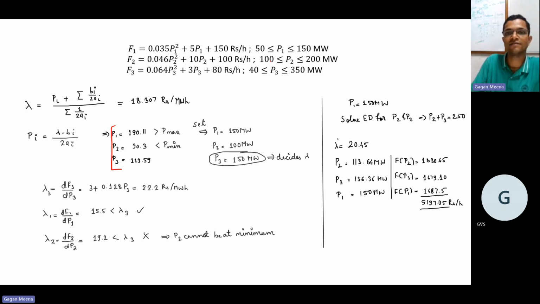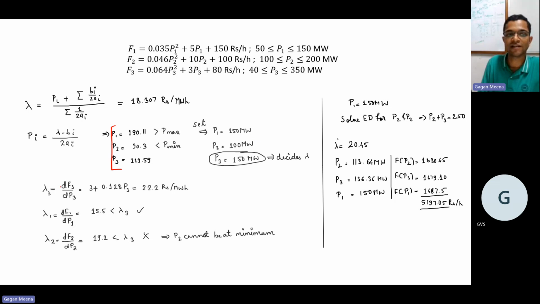The bounds on P1 are between 50 and 150, but here P1 is above its maximum limit, so we set it to its maximum limit. And P2 is below its minimum limit. We set both of them to their limits, 100 and 150. Now only P3 remains, which is simply 400 minus 250, that is 150.